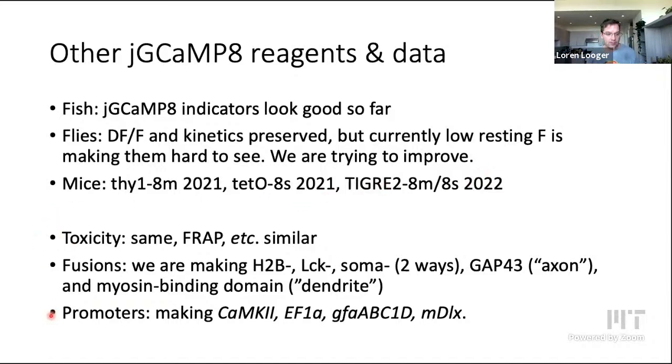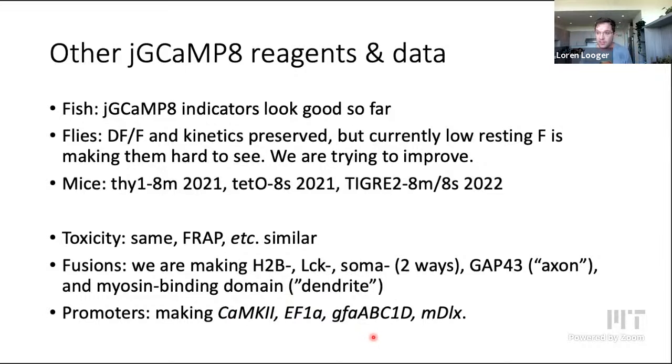And then just a couple last little details. We don't see any greater cytomorbidity from overexpression of these sensors. The rate of cells getting GCaMP'd out and nuclear filled looks the same. It doesn't look like it's any slower to diffuse in tissue. We are making quite a diversity of fusions and promoter combinations.